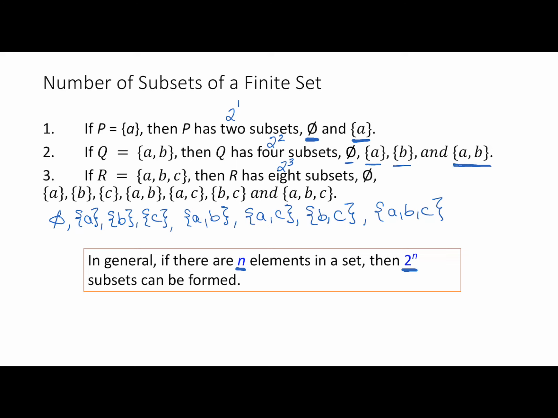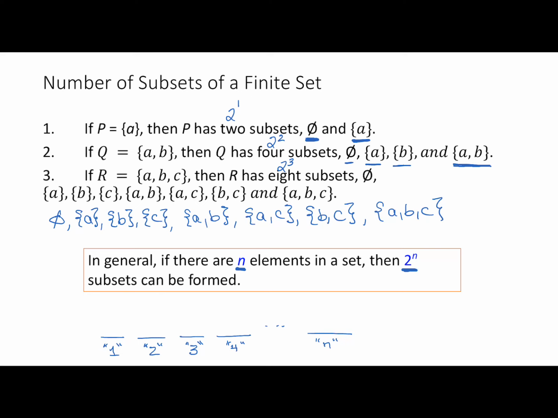Why is that? Well, think about the fundamental counting principle that we saw earlier. Suppose that my set has the elements 1, 2, 3, 4, all the way up to n.